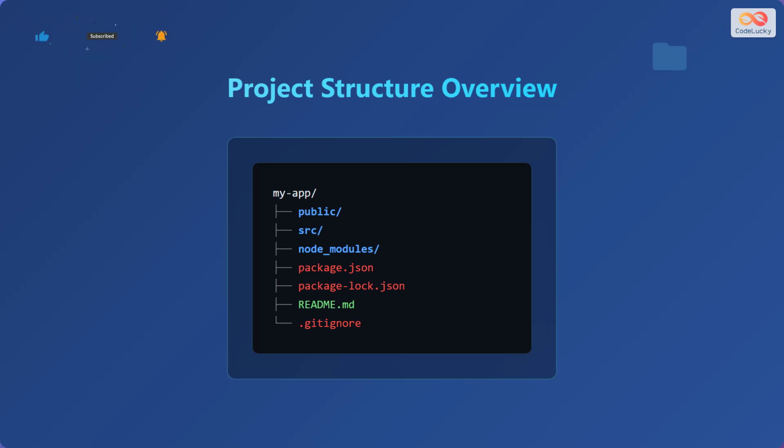The package.json file manages project metadata and dependencies. Also, we have package-lock.json to ensure consistent dependency versions. README.md usually has project documentation. Finally, there is .gitignore, which specifies intentionally untracked files that Git should ignore.